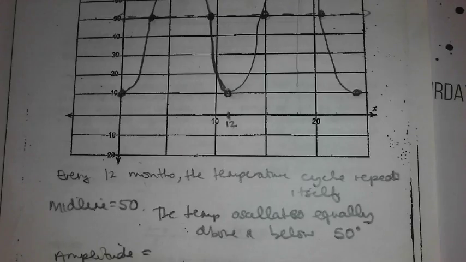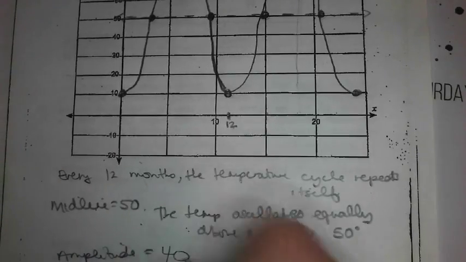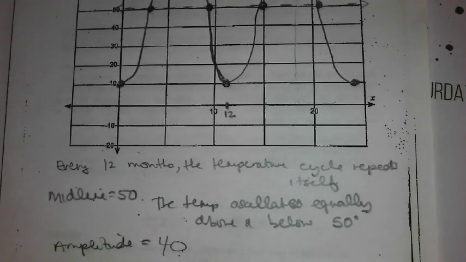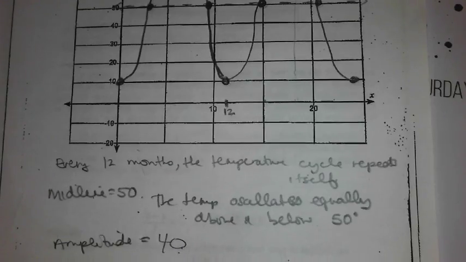The high point, which was where? 40, correct. 40. Not negative 40. The A value is negative 40, but the amplitude is always a positive number, so make sure you say that. And as far as explaining again in the context of the problem, you can say the temperature goes 40 degrees above the middle and 40 degrees below.